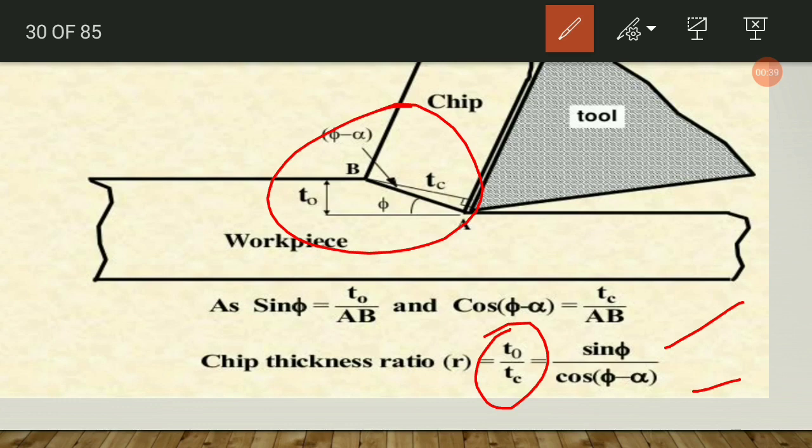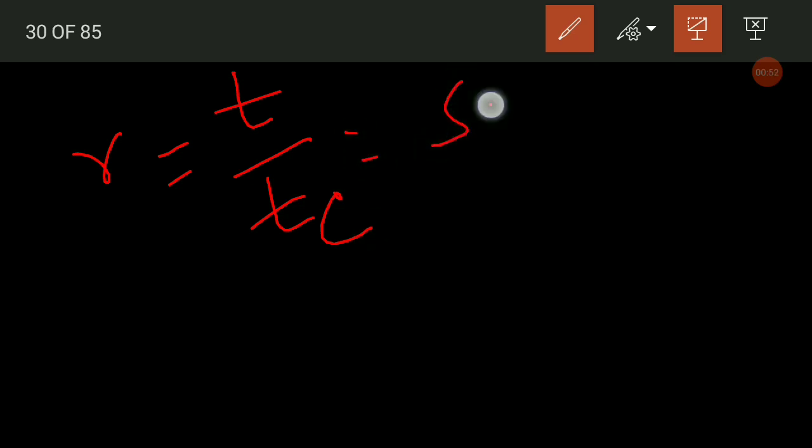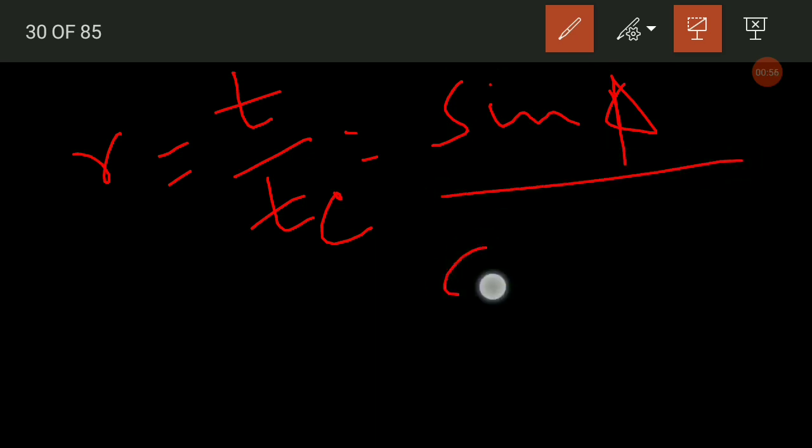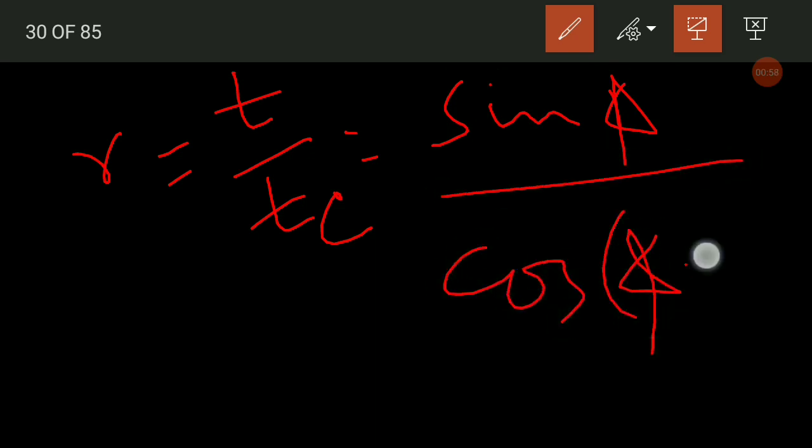Okay. So what we have got, r equal to T0 by Tc, that is sin phi by cos of phi minus alpha.